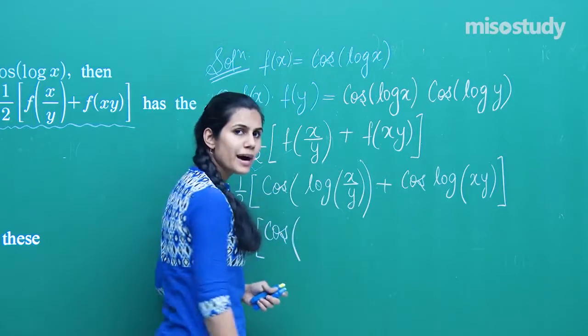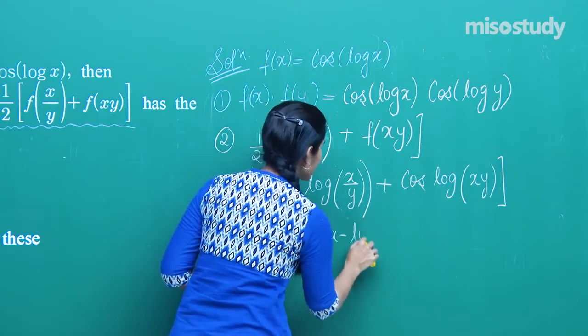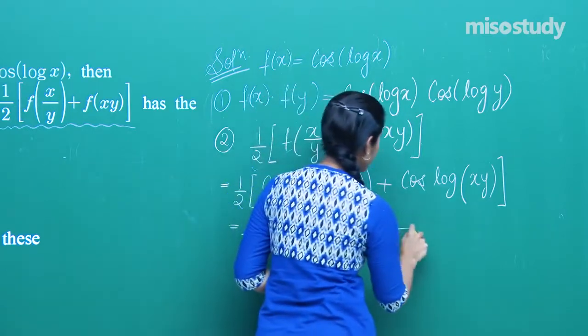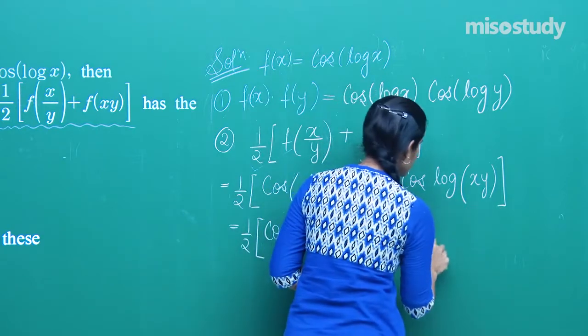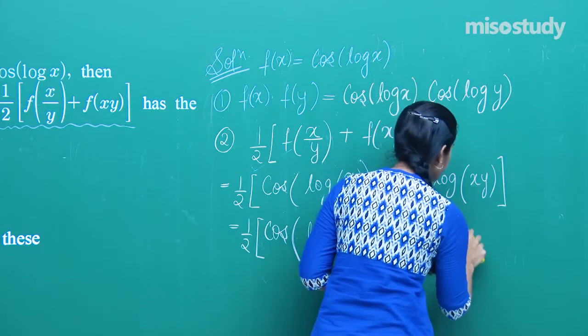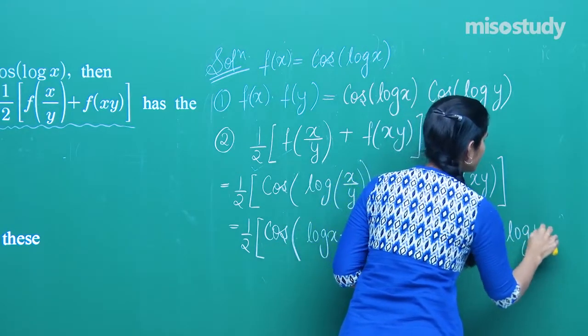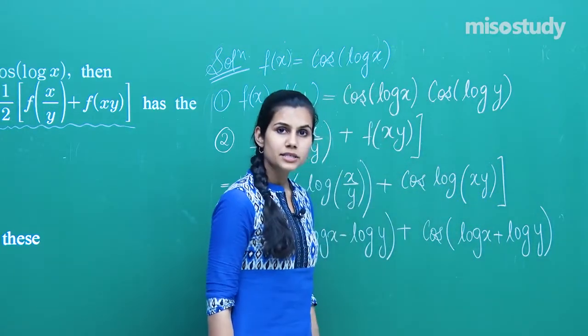So log of x by y turns out to be log x minus log y, plus log of m into n. Log of m into n is log m plus log n. And this is what it becomes.